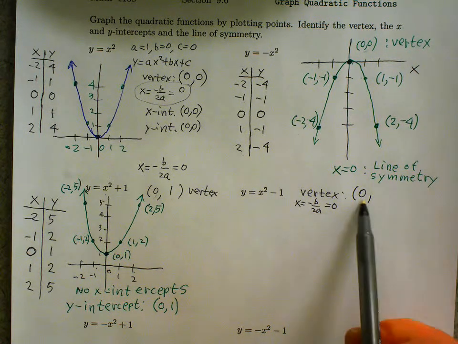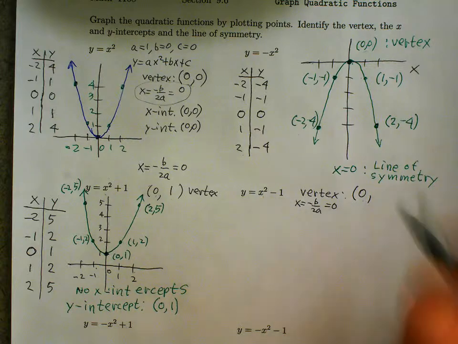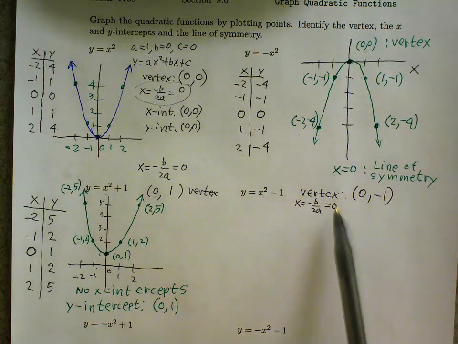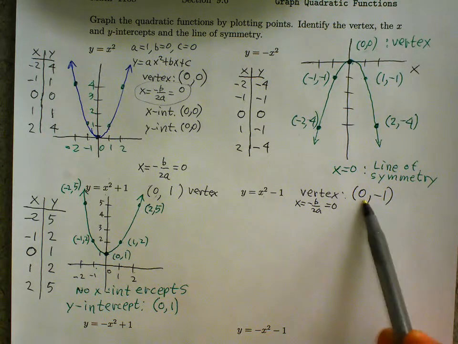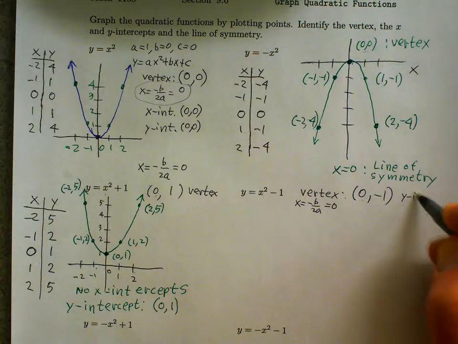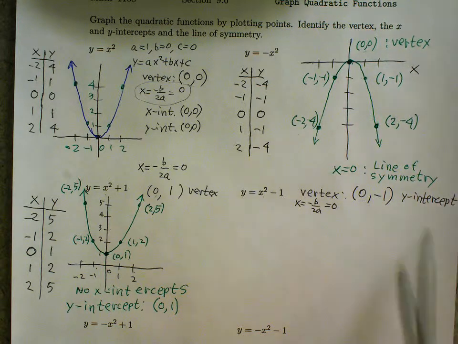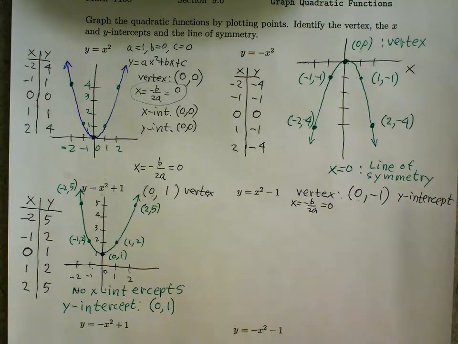And then when the x-coordinate is 0, use the formula, if you have to, to find the y-coordinate. y is 0 squared minus 1, or -1. So the vertex is 0, -1. Also notice that 0, -1 is the y-intercept, because every y-intercept has an x-coordinate that's equal to 0.